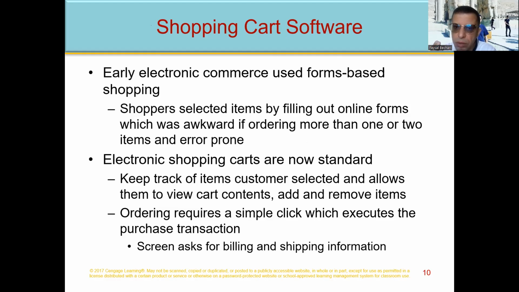Electronic shopping carts are now standard everywhere, and they keep track of items customers selected and allow them to view the cart contents, add or remove something. Ordering requires a simple click now, which executes the purchasing transaction, and a screen asks for billing and shipping information at the same time. Once you make an order, you see this pop up.